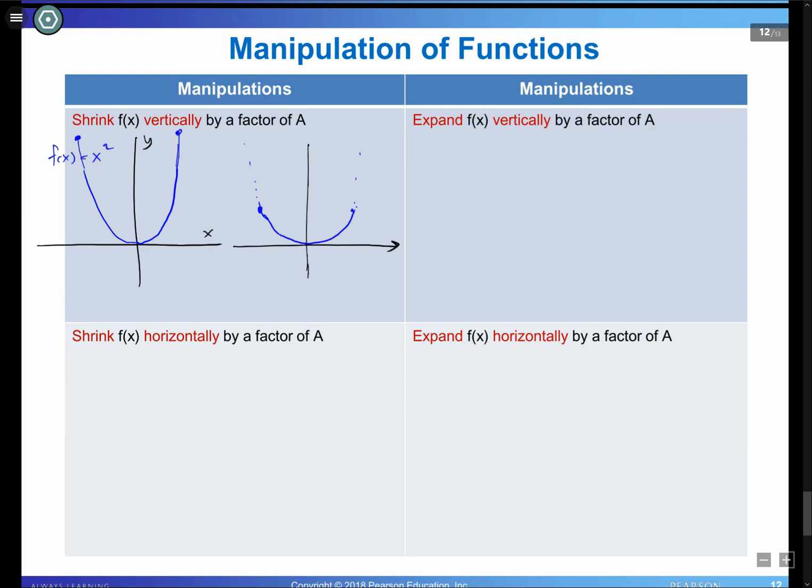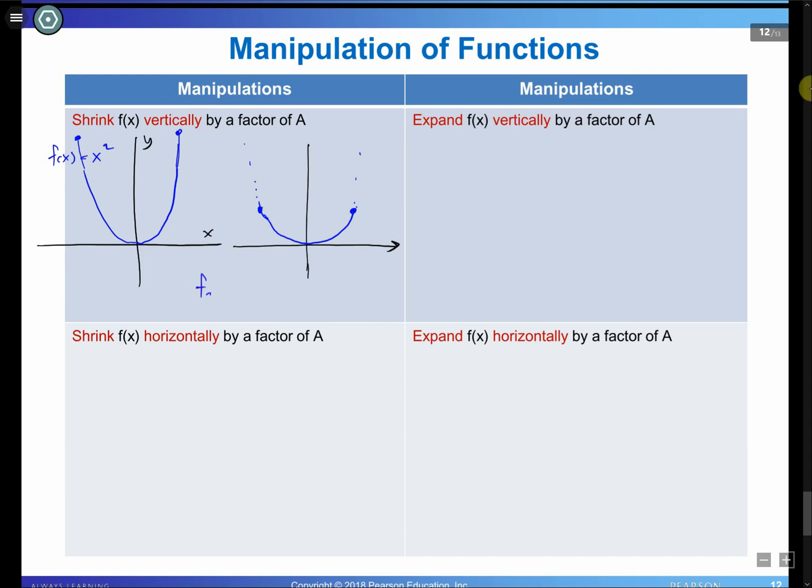New function. The function of x is going to be the same parabola that we had before, f(x), except that everything has to be smaller, so I'm going to divide. Okay, what about I use blue over here? That should be better. Sorry about that.